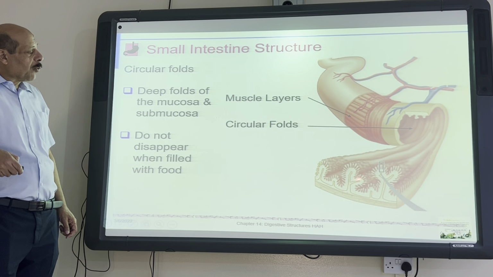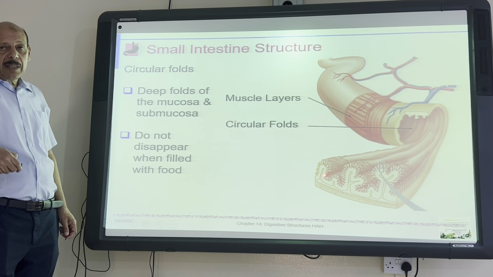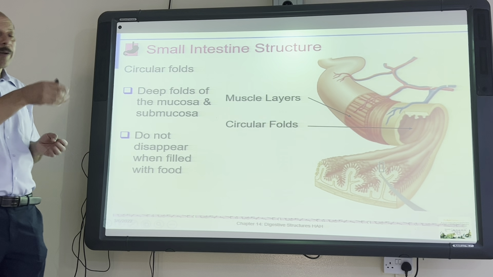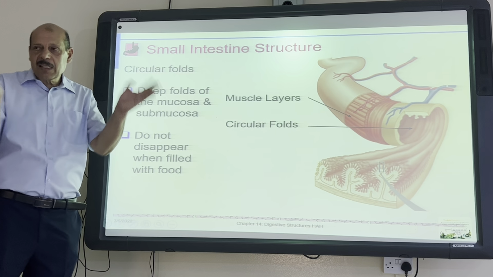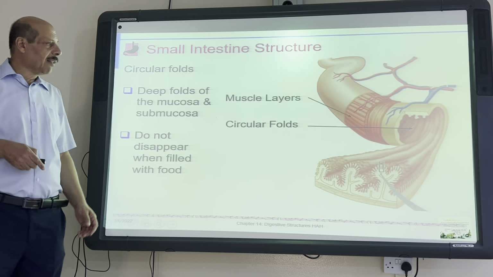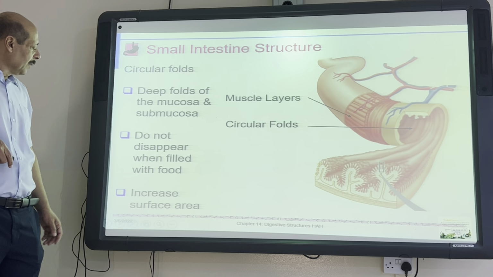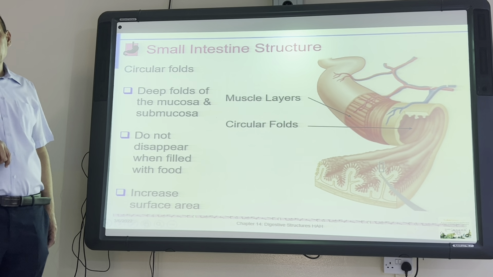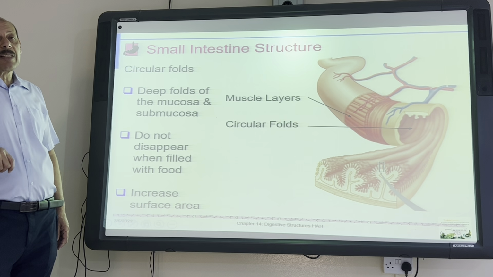Those folds will not disappear when it is filled with food. They will remain as they are, to increase the site of contact and the absorption later, which increases the surface area of the intestine.